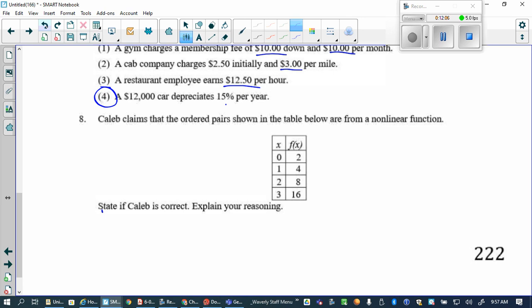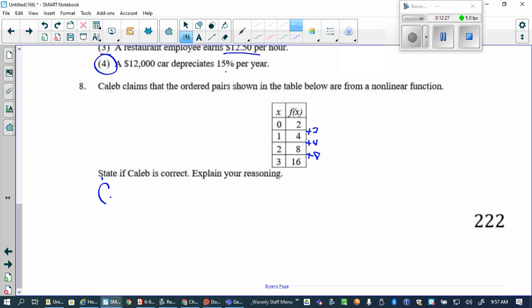Is Caleb correct? Is it nonlinear? It's not linear because it's doubling every time. Or you could say this is plus 2, then plus 4, plus 8. So is he correct? Yes, he's correct, because it does not have a constant rate of change.